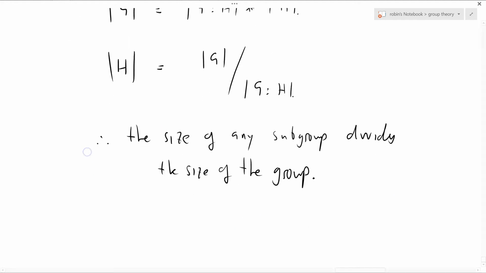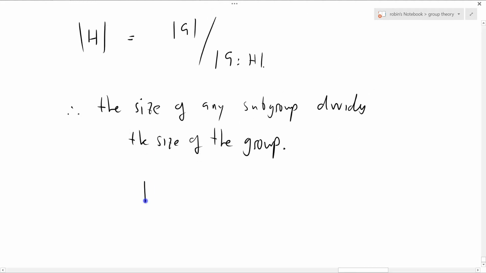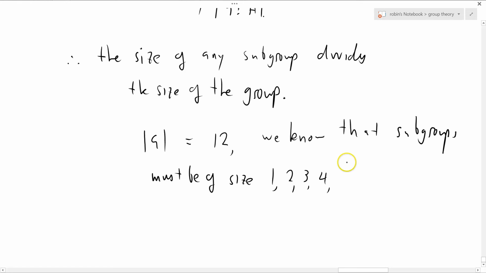Sometimes you say order instead of size, but it means the same. So for example, if we've got mod G equals, let's say, 12, then we know that subgroups must be of size 1 or 2 or 3 or 4. 5 doesn't go into 12, so it can't be that, or 6.